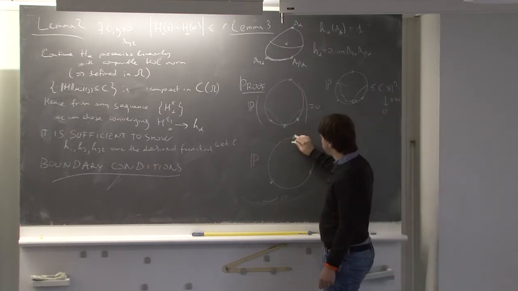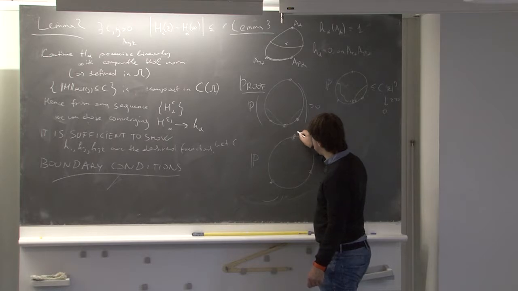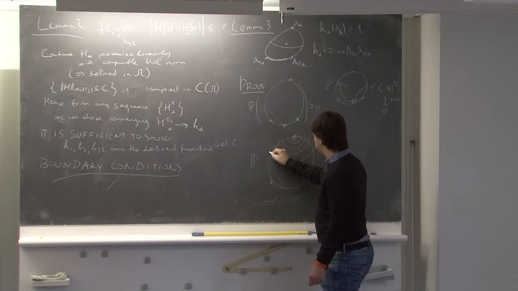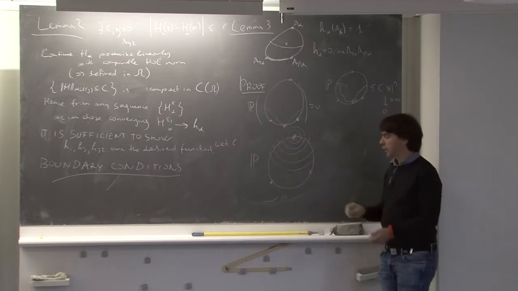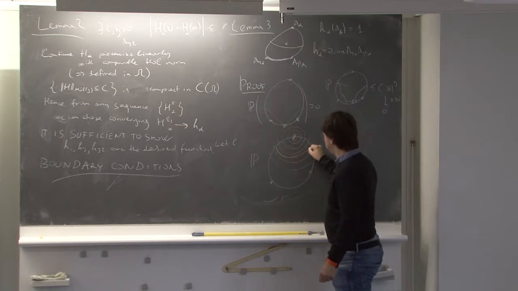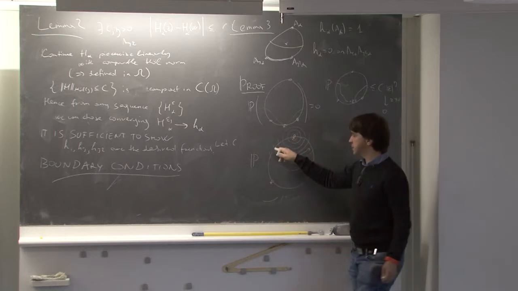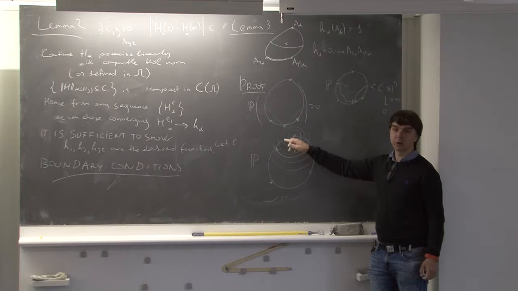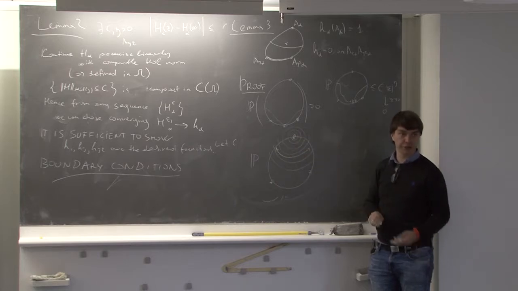But what we can do is draw an infinite sequence of concentric annuli with the same modulus, and each of them has a positive probability by Russo-Seymour-Welsh of having a connection.